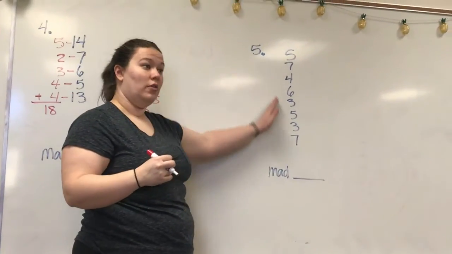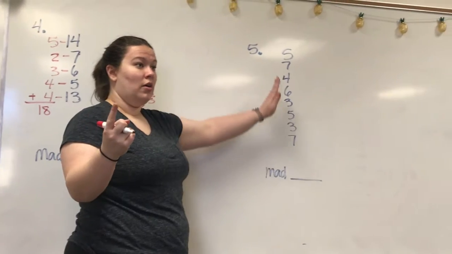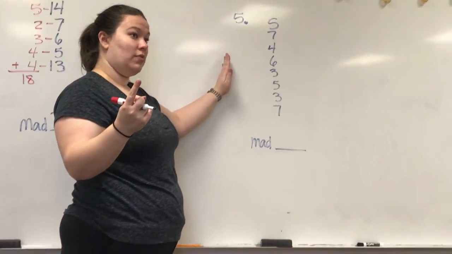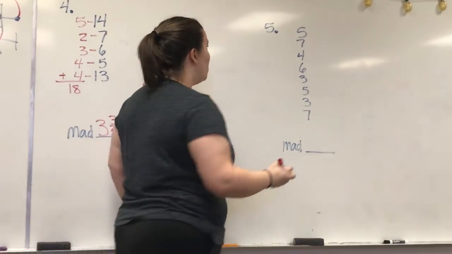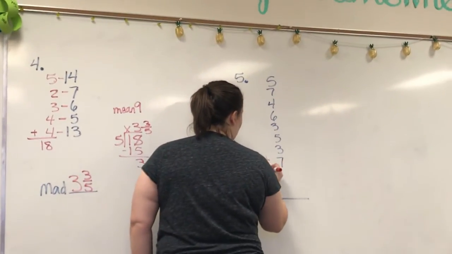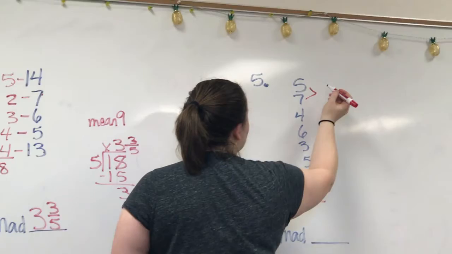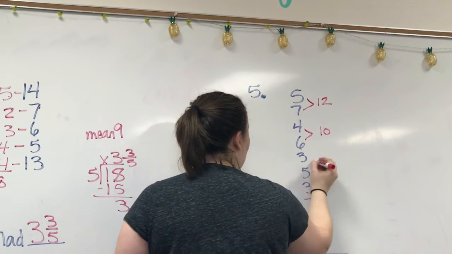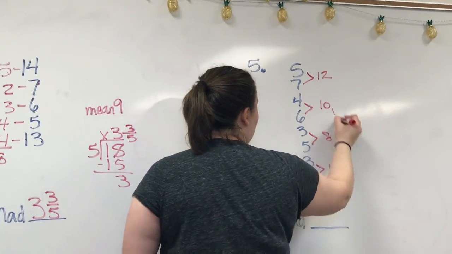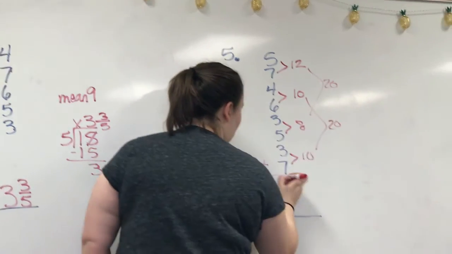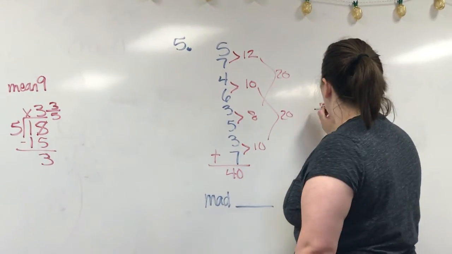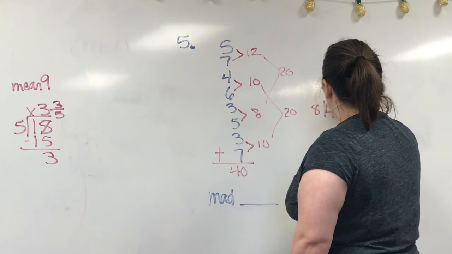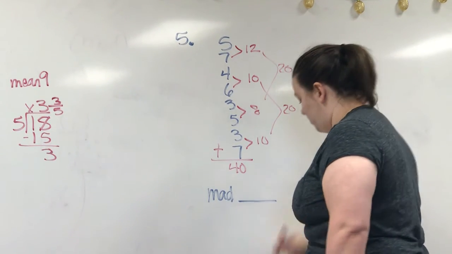So, find the mean, find how far away it is from the mean, and then find the mean of absolute deviation. My mean is 5.